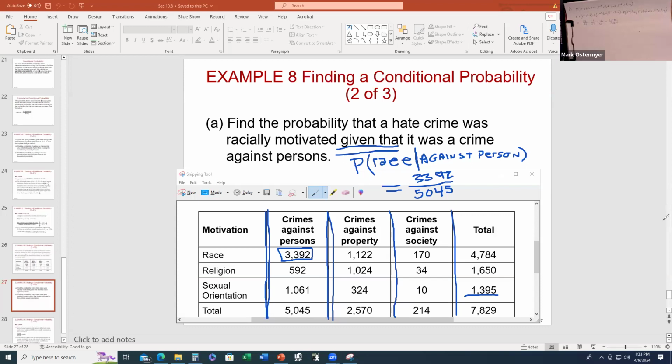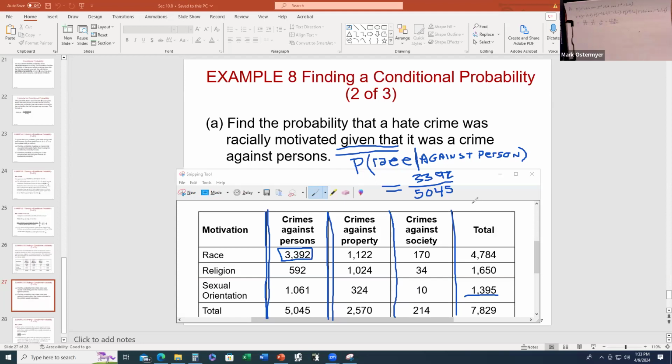So you really got to be careful and attentive to the words in your probability question. If you ever see the phrase "given that," then whatever comes after it will lock you into a respective row or column of the table. Then you do not divide by the grand total in that case. If you don't see the phrase "given that," then you're always going to divide by the grand total.